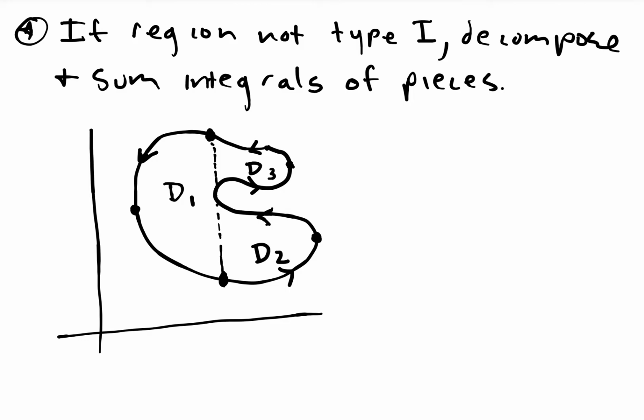Okay, so what you would want to do, once you decompose this, is think about setting up 3 different integrals, right? So we'll basically get an integral for each region.